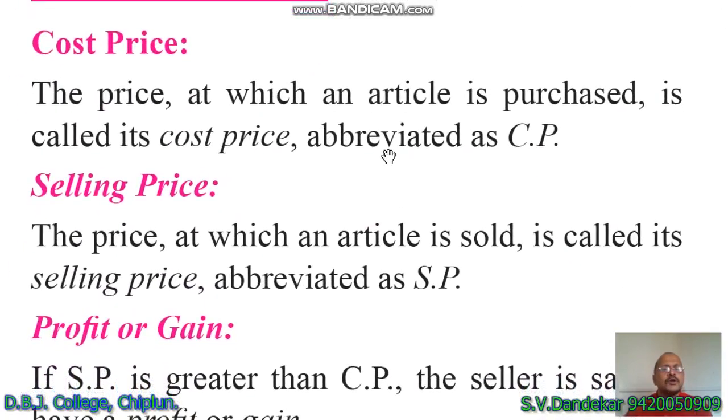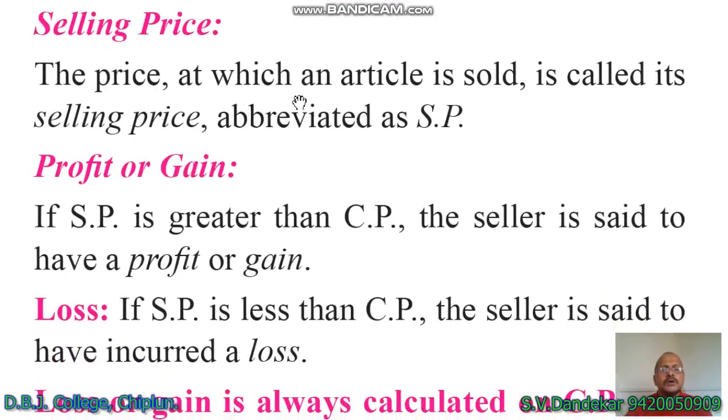Some terminologies: cost price. The price at which the article is purchased is called the cost price. Its abbreviation is CP. Selling price. The price at which the article is sold is called its selling price. Abbreviation is SP. Profit or gain. If SP is greater than CP, then the seller is said to have profit or gain.